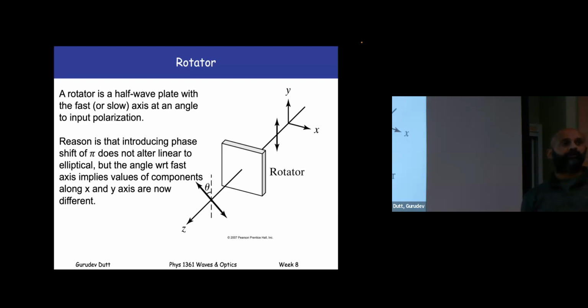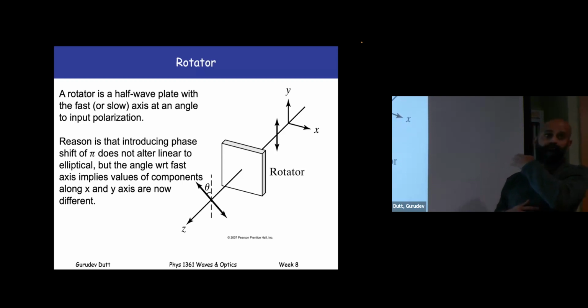So if I come in with linear polarized light along, say, the x-axis, and I want to produce 45-degree polarized light, then what I can do is put a half wave plate at an angle of... if I want to make it go from x polarized to 45-degree polarized, what should be the angle of the half wave plate?